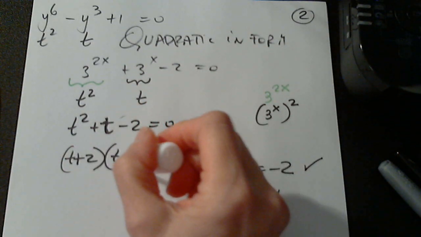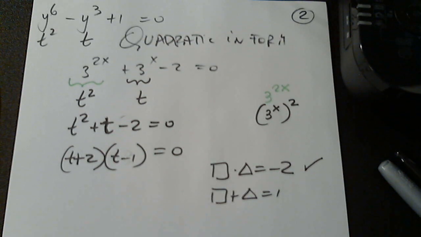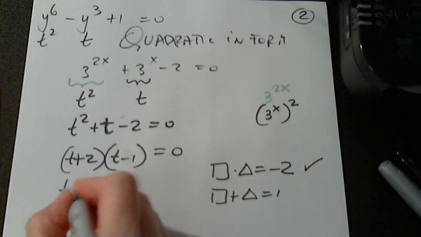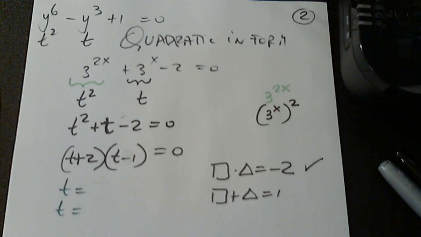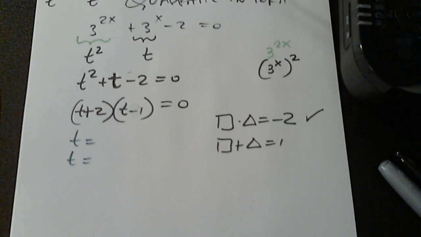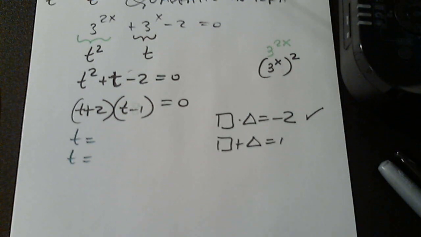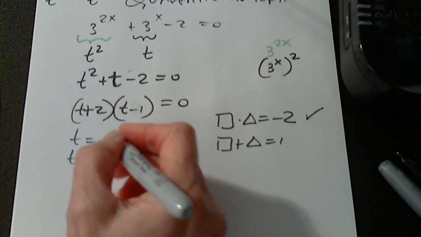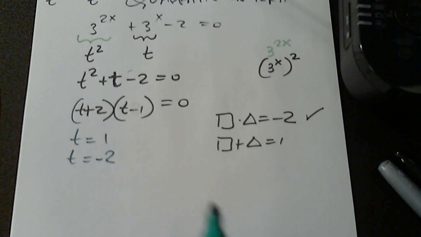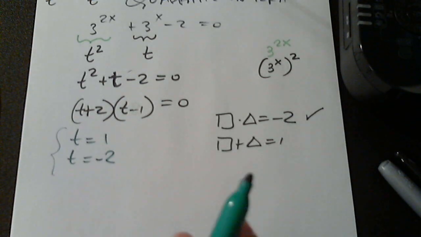Okay, what are the options for t? t equals 1 and t equals -2. Okay, excellent. Is this sufficient? Are we done?